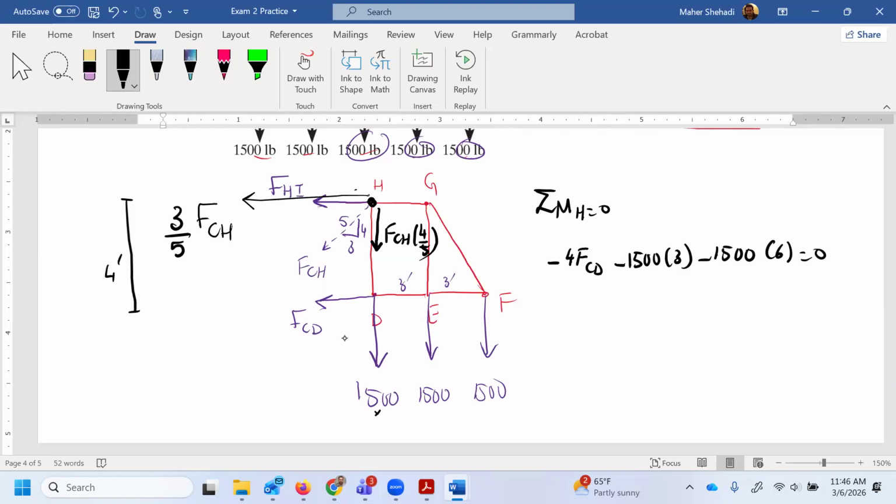Therefore, FCD is 1500 times 9 divided by 4. That's FCD, and that's equal to minus 3375, and it's in pounds. Therefore, it's under compression.